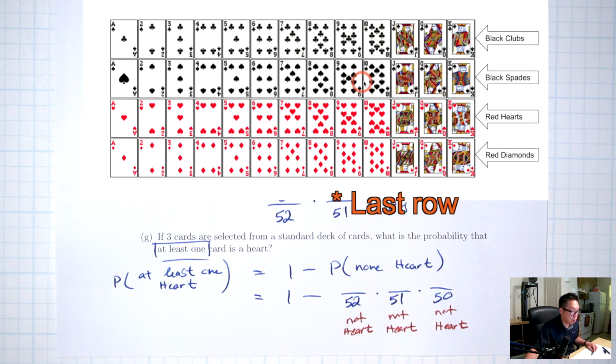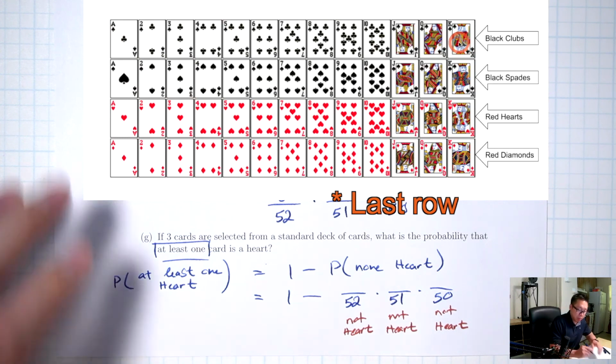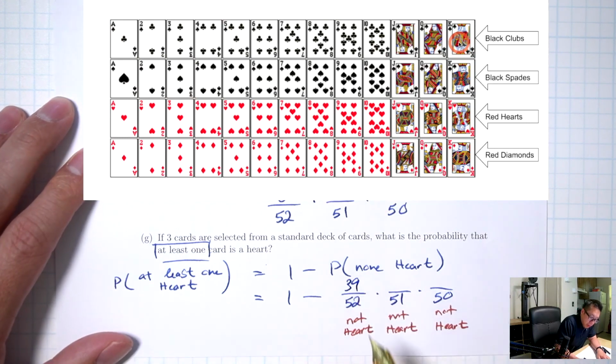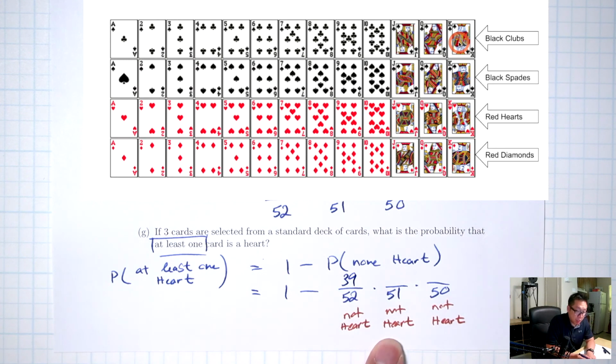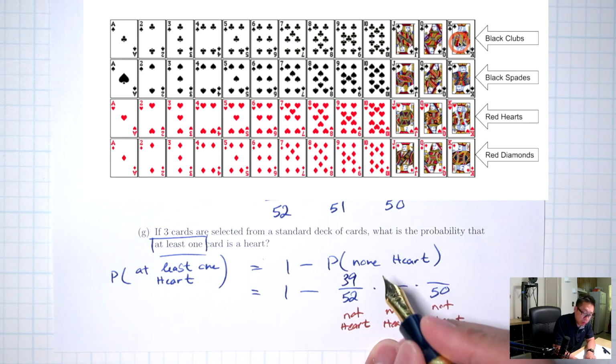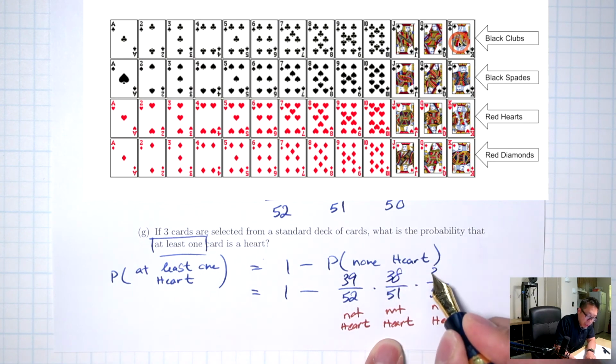That's 13 cards per row, so 13 and then 3 rows. So 13 times 3, 39. Next one, I want to be another not heart. Because we used one not heart already, we do have to reduce. So we're down to 38 and then 37.